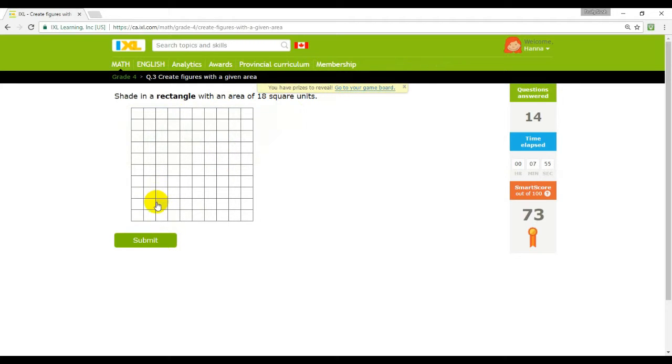Okay, 18 squares. That's 3 6s. So, of course, I use the same technique I used last time as well. And 24. Okay, 3 8s.